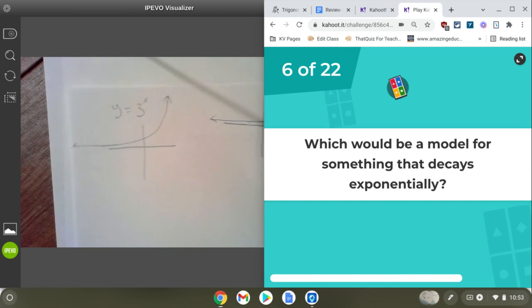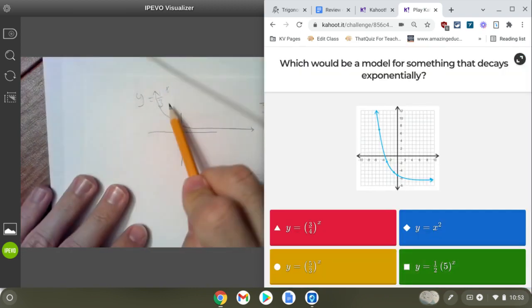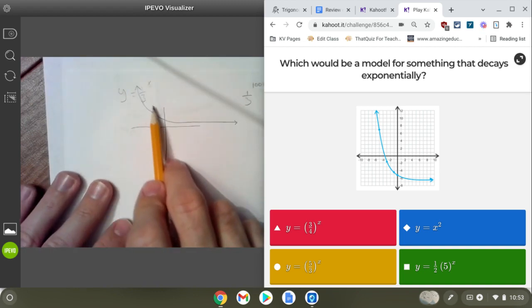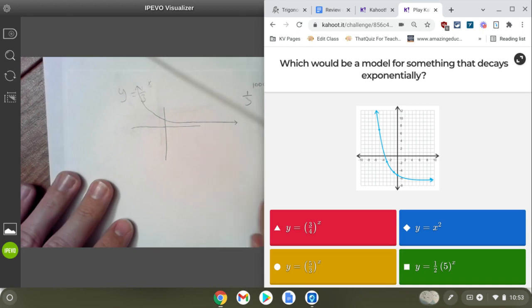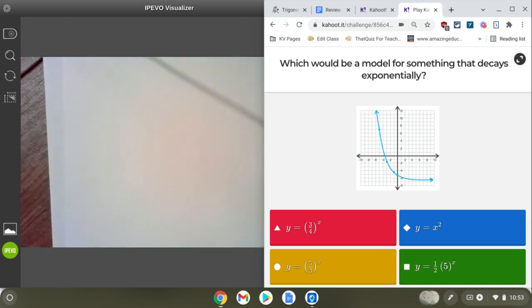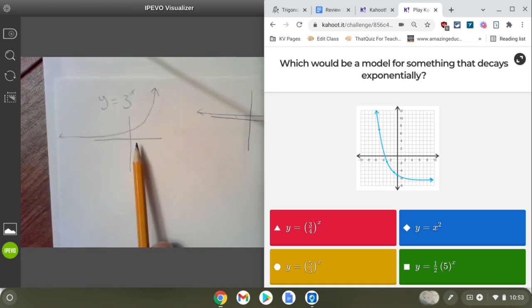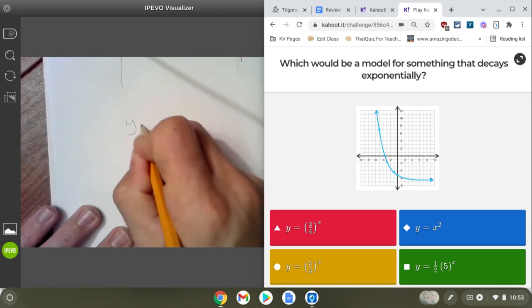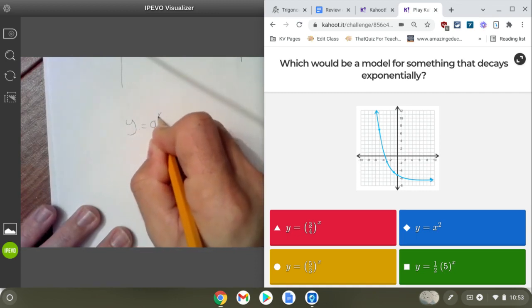All right, something that decays exponentially. I mentioned that this one represents exponential decay. As it goes to the right forever, the graph is leveling off at 0. And these types represent exponential growth. All this has to do with the base.